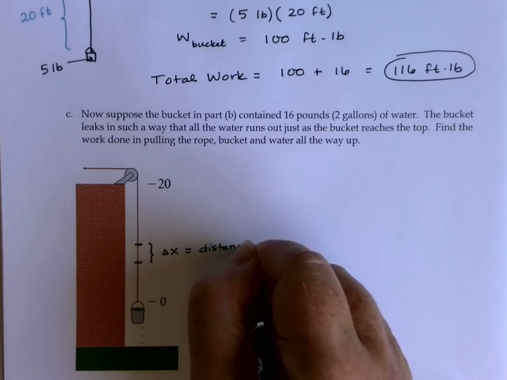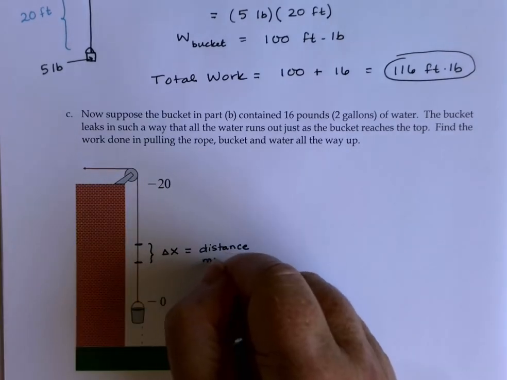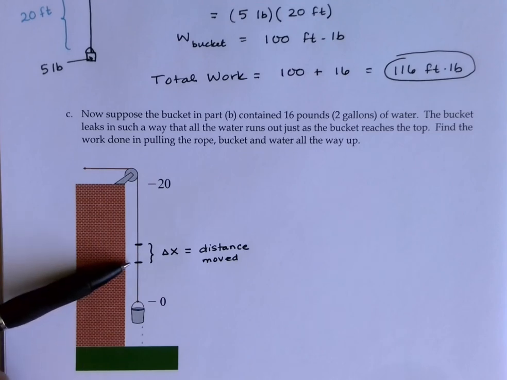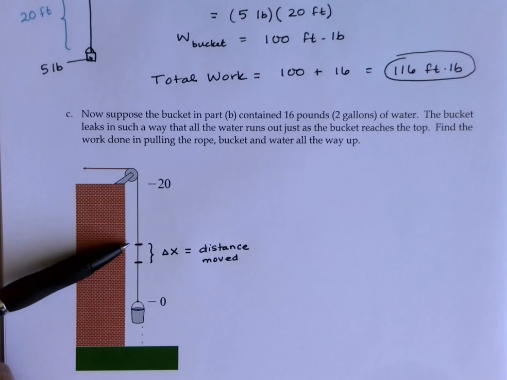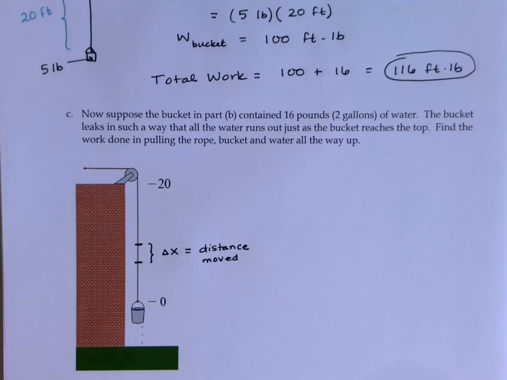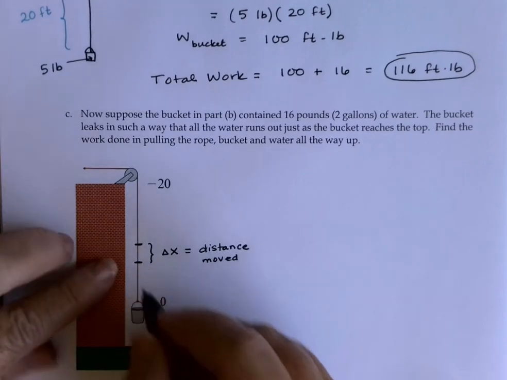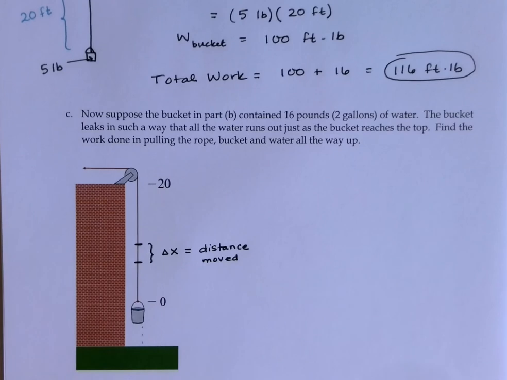Delta x this time represents the distance that's being moved. And the reason I have to do that is because the force, the weight of the water, is different at each height because of the leak. So I can only apply a specific force to a very tiny little short piece of distance. This, of course, is going to be shrunk infinitesimally small, so we'll eventually say we can figure the weight of the water at each specific height, moving the distance that it needs to move.